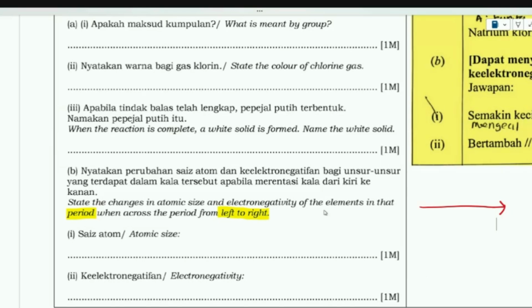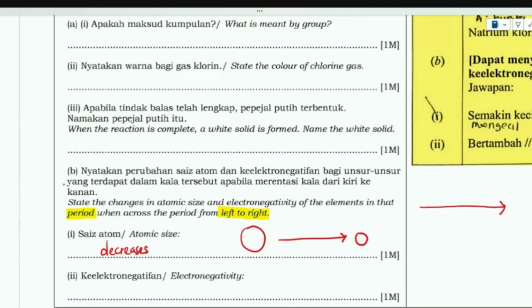I hope you still remember. It's getting smaller, or decreases. Yes, decreases. Meaning that from the left side, sodium is bigger, then on the right side, from chlorine to helium it is smaller. Okay. Decreases, getting bigger to smaller.